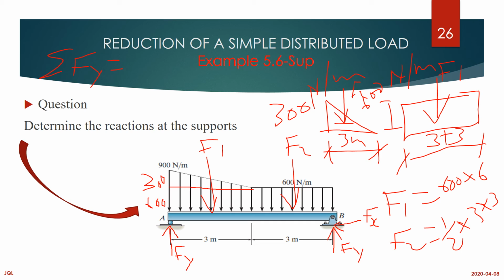F1, I would say negative, F2, the other one's going up, plus Fy3 plus Fy4. This is supposed to be equal to 0. That's how we are going to get the Fy3 and Fy4.